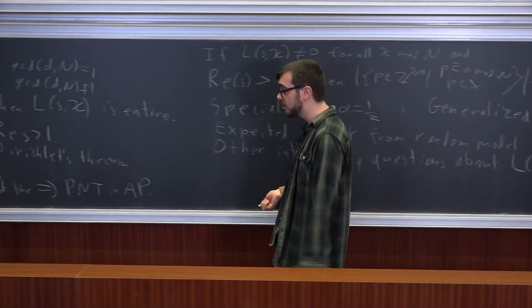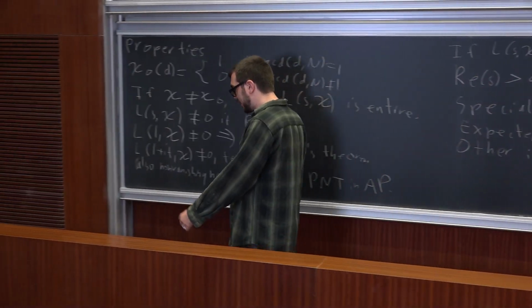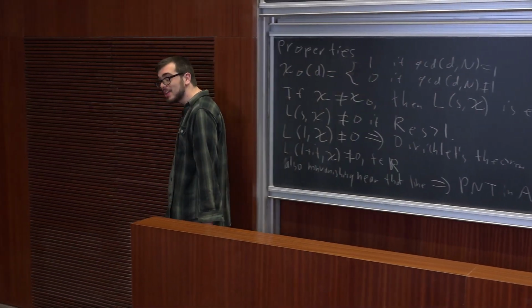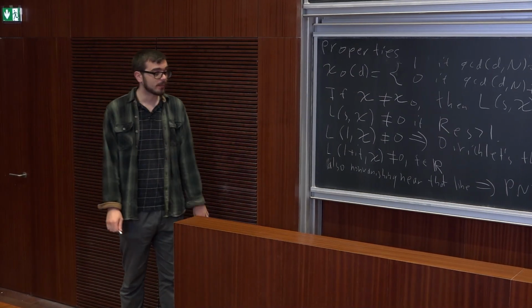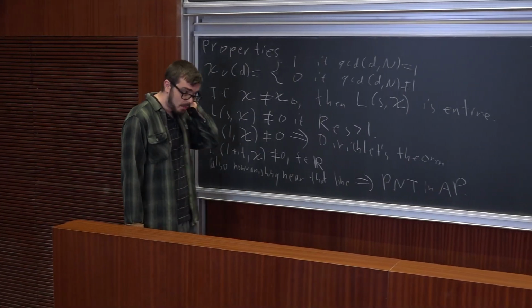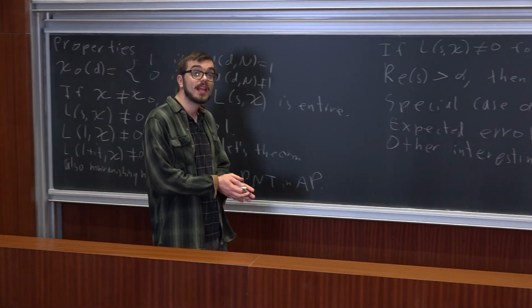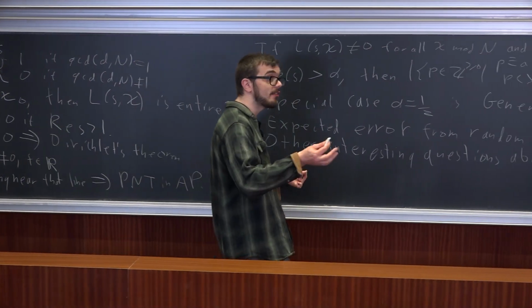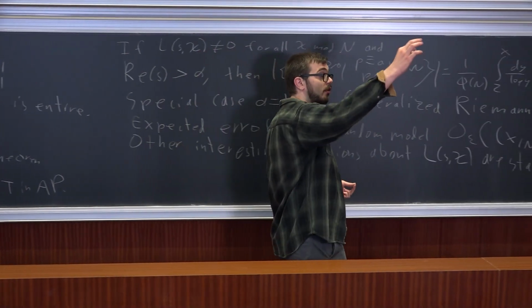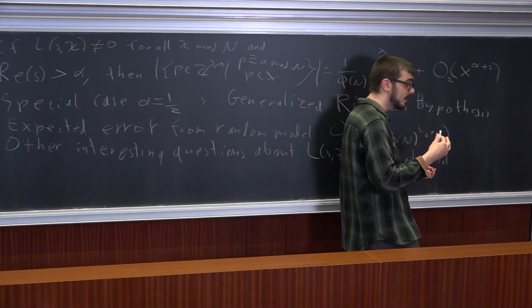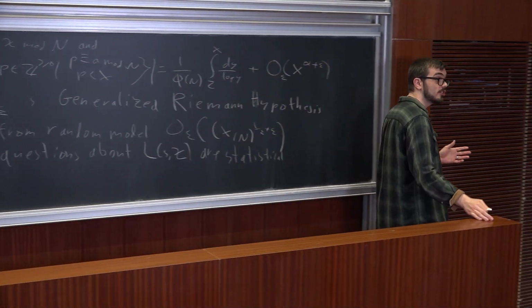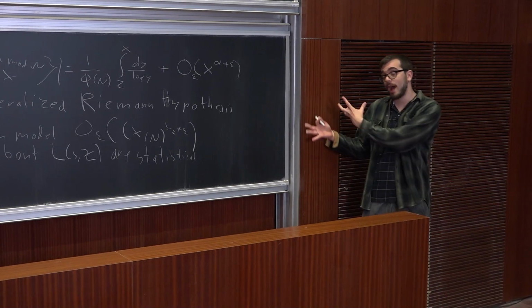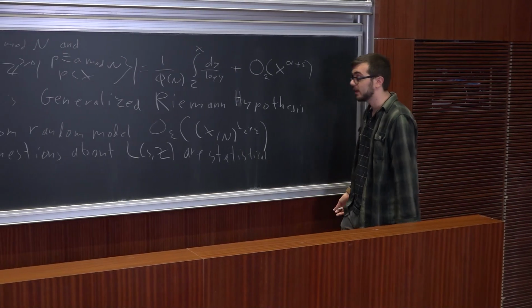So these are questions where we ask not what is the value of this function at a particular point, but what is a typical value if you look at many different points. For example, many different points on the critical line 1/2 plus it. How does the value of the function vary? How large is it typically?